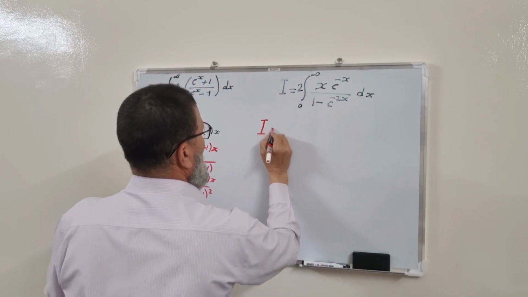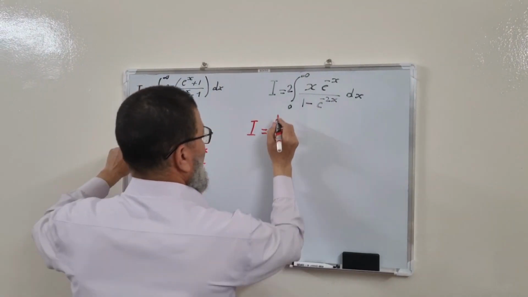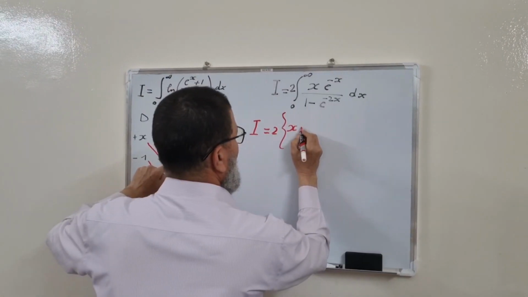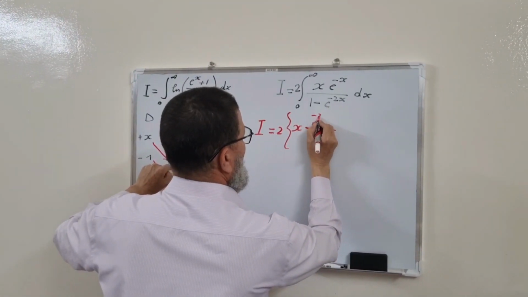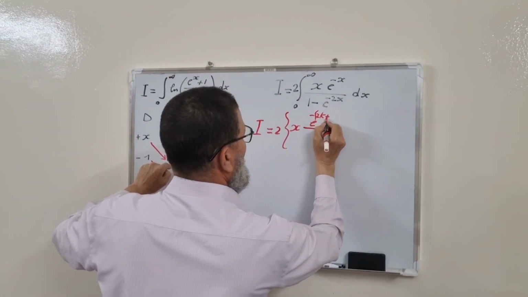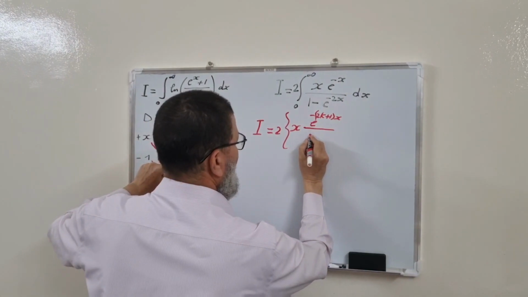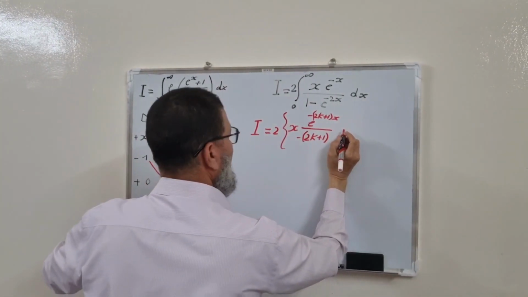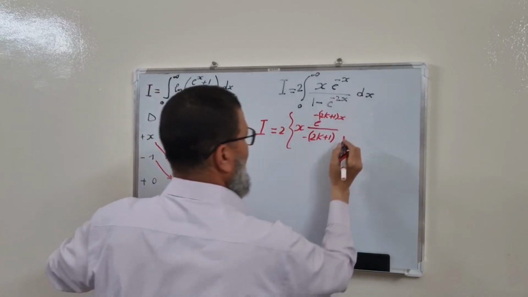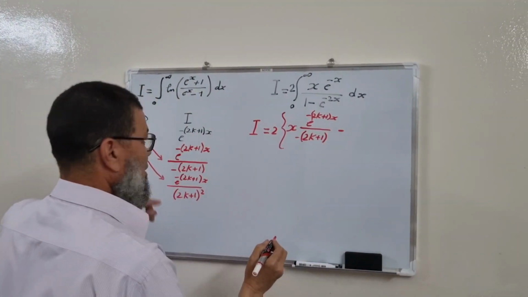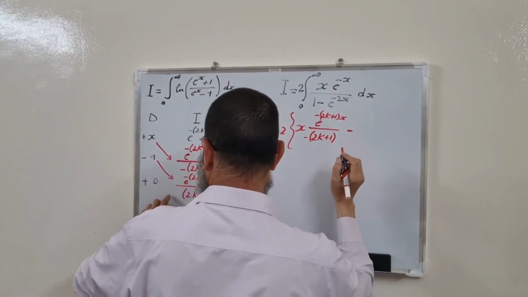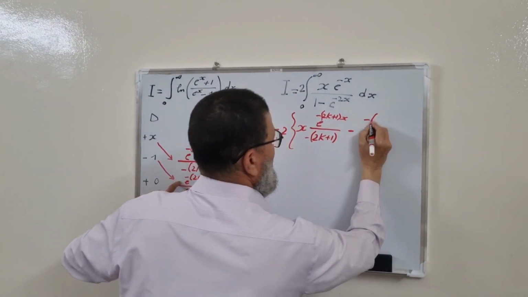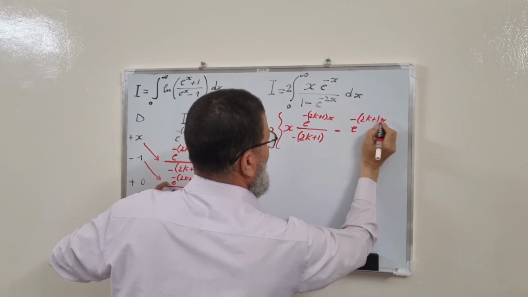I equal to x multiplied by e^(−(2k+1)x) divided by minus (2k+1), minus e^(−(2k+1)x) divided by (2k+1) squared, from 0 to infinity.